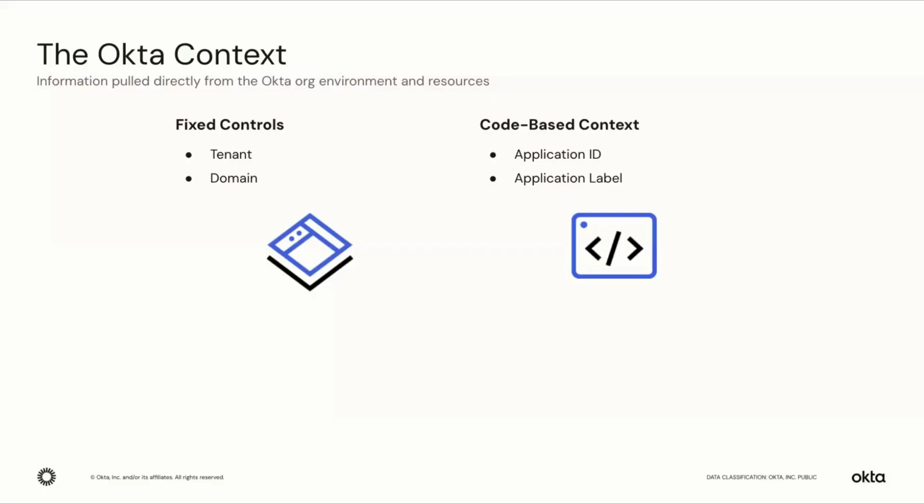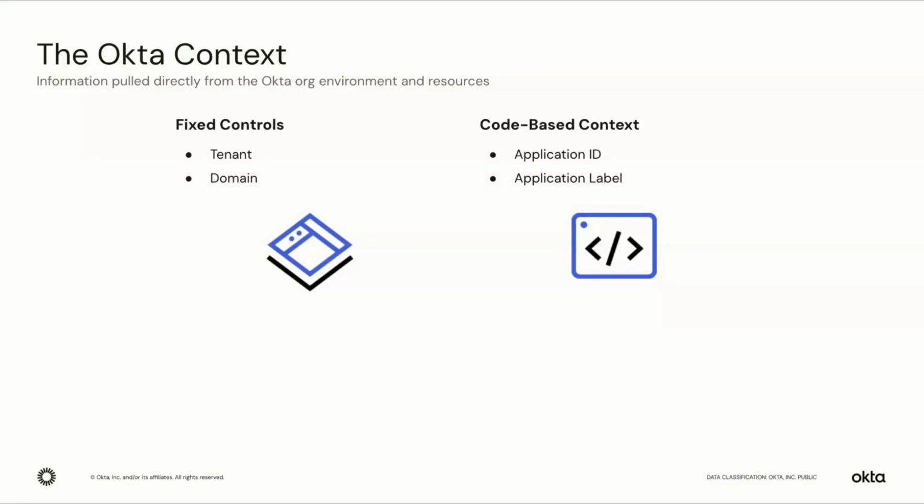These values are dynamic in the sense that the user starts on the application, clicks a login button, and then gets redirected to Okta. As part of that initial request to Okta, we'll have the application's contextual information, the application ID and the label, and we can use these pieces of metadata to style the sign-in experience from the Okta hosted sign-in page itself.